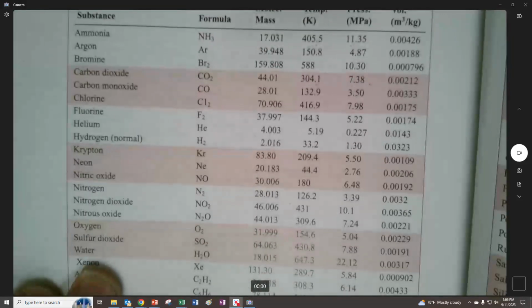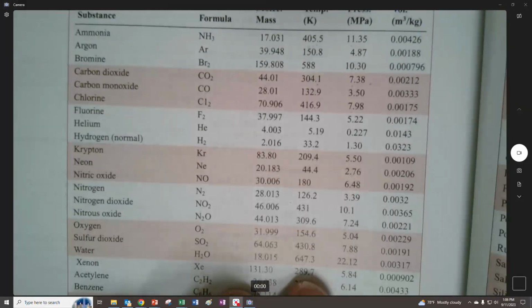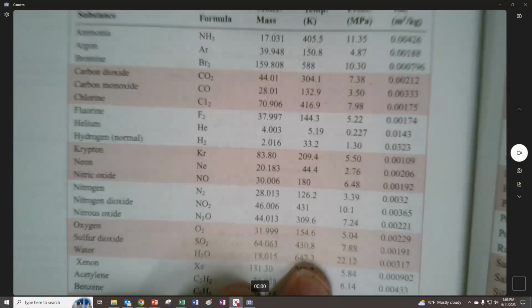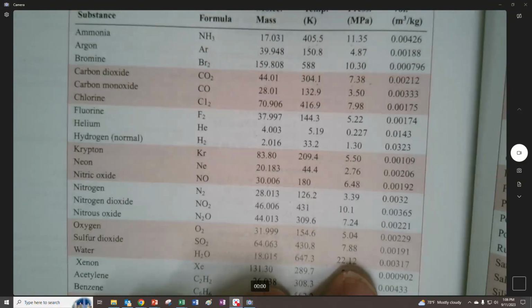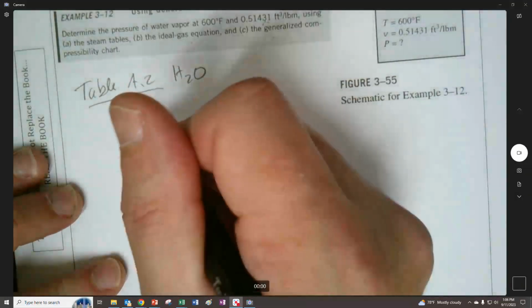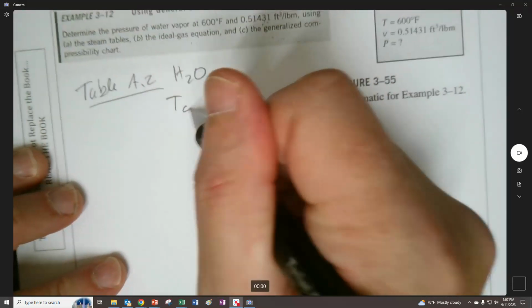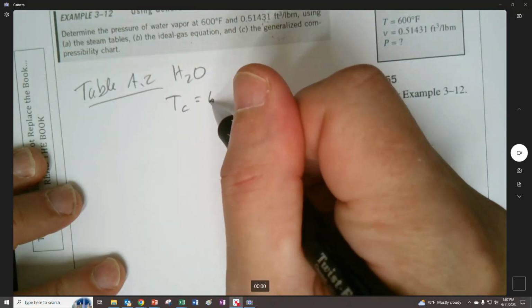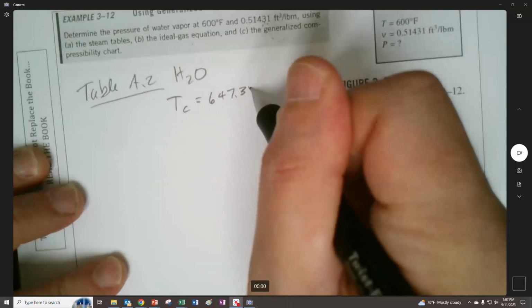We have a critical temperature and pressure, 647.3 and 22.12 megapascals. This is the critical point. So we will find that the critical temperature is 647.3 degrees.